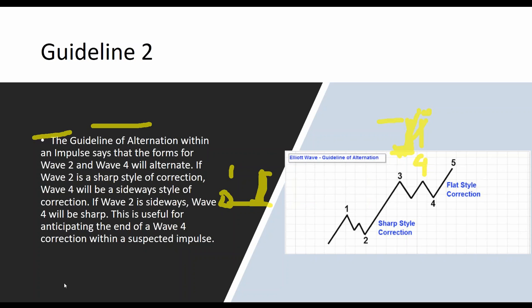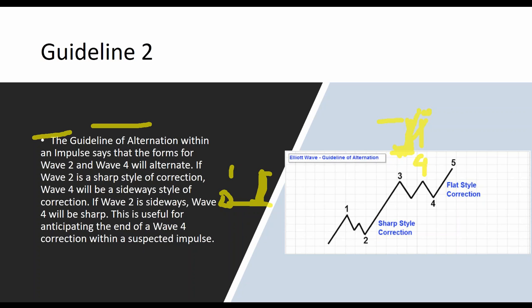Now, guideline 2 is the guideline of alternation within an impulse wave. It says that the forms for wave 2 and wave 4 will alternate. If wave 2 is a sharp style of correction, wave 4 will be a sideways style of correction. If wave 2 is sideways, wave 4 will be sharp.